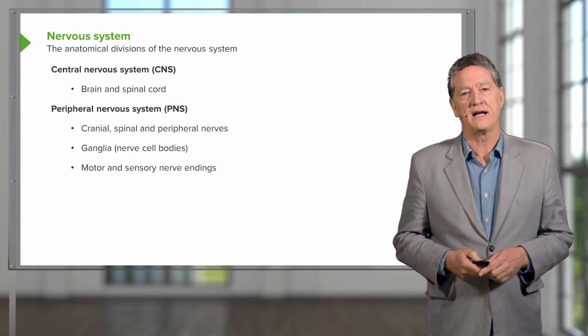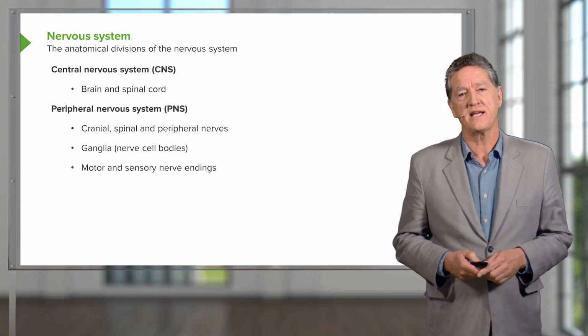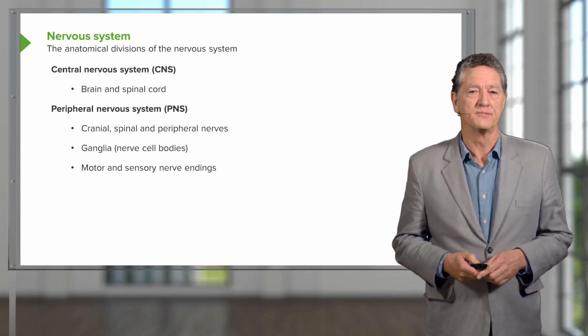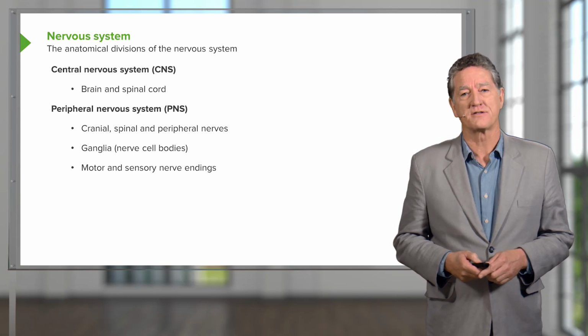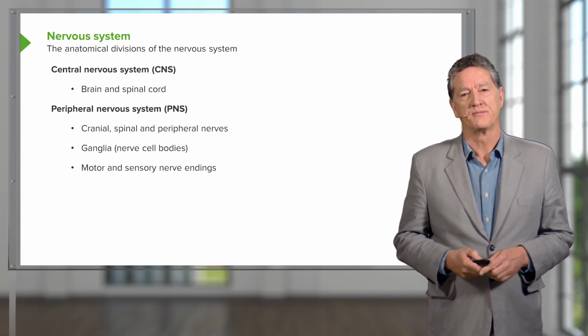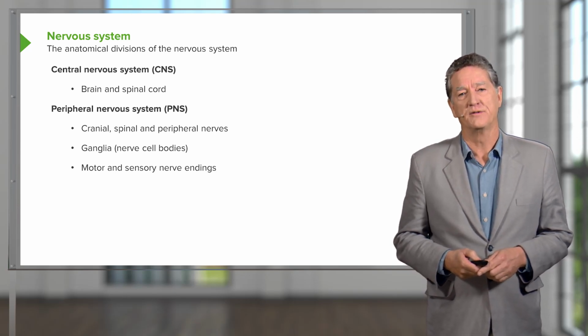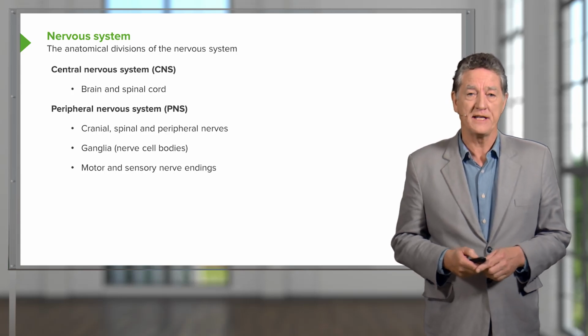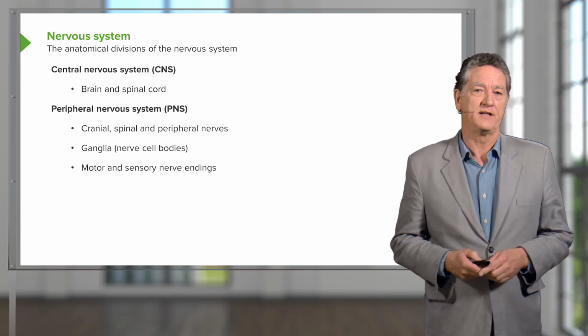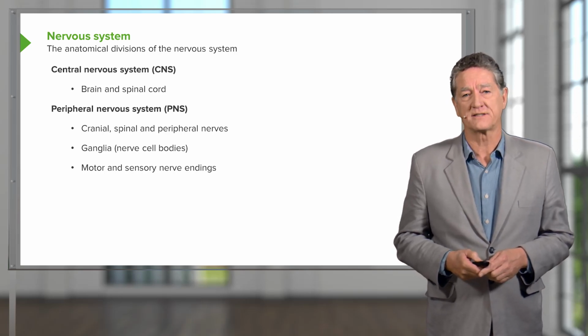Spinal nerves are named according to the segments in which they exit the spinal column. For instance, C1, C2, C3, or T1, T2 from the thoracic region. And those spinal nerves can then combine together and form a number of plexuses.